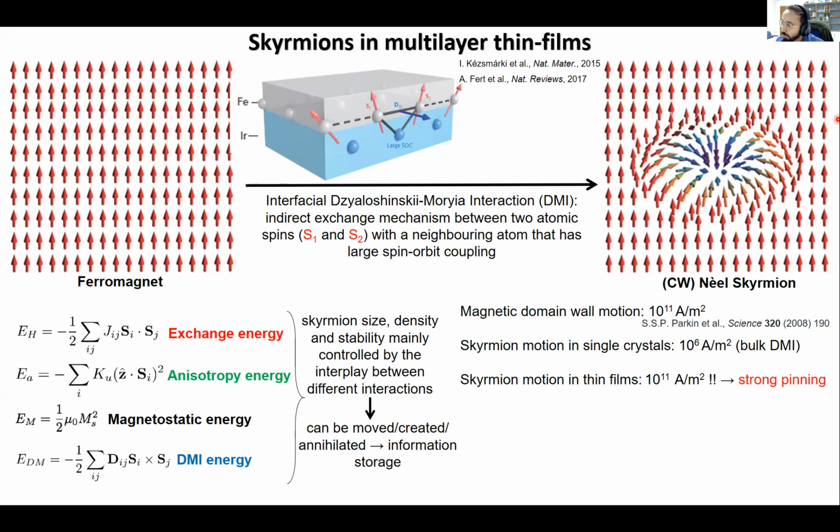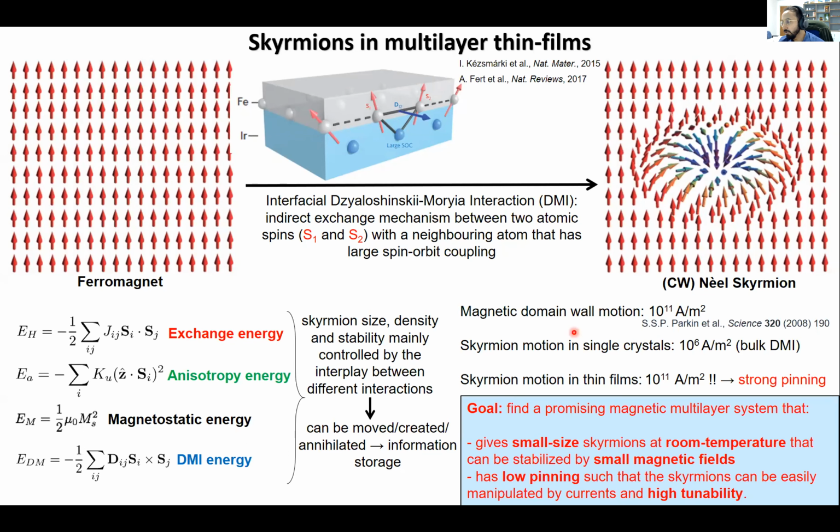And in terms of skyrmion movement, we were able to observe skyrmion motion, but it is only observed at current densities on the scale of 10 to the power 10, 10 to the power 11 ampere per meter square, which is quite high. And most of it is attributed to pinning, both due to defects and also because of inherent pinning in the ferromagnetic materials as well.